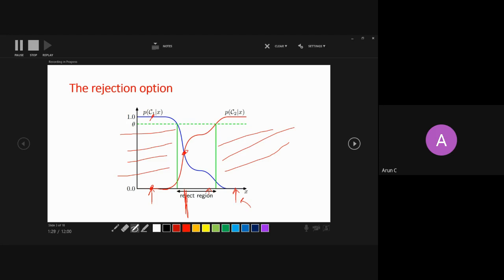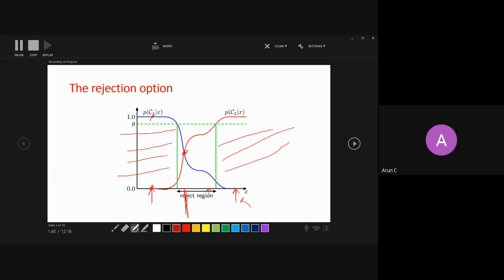So it may be wise not to classify in this situation and leave it to human decision. Humans will introspect these kinds of cases manually with a team of experts, and then they can decide.